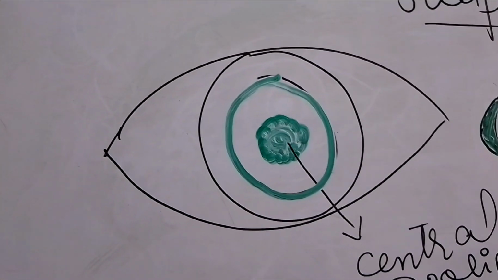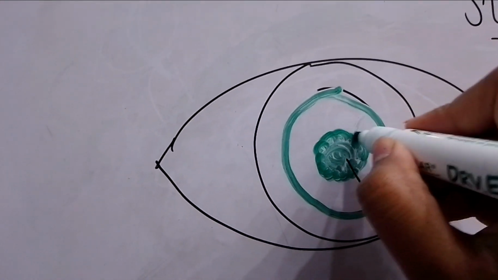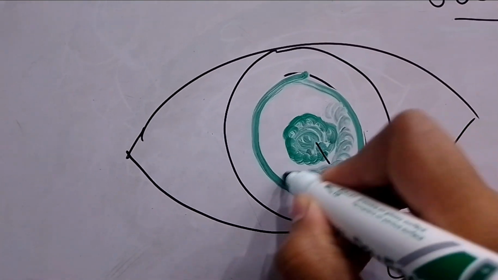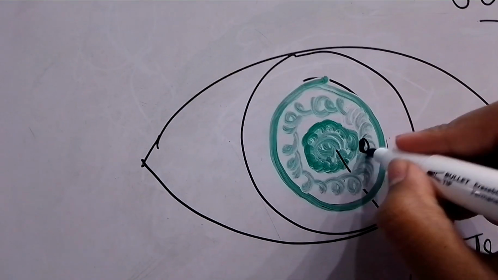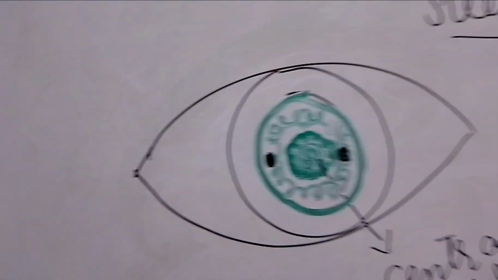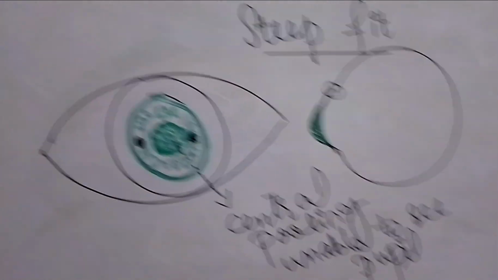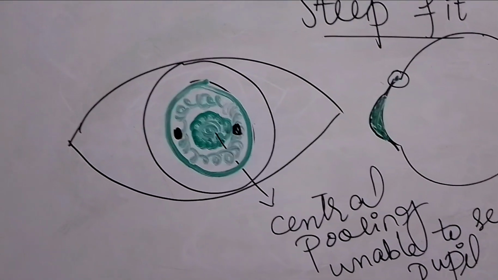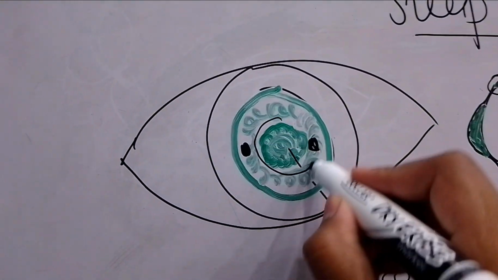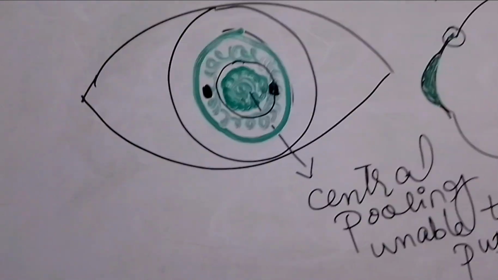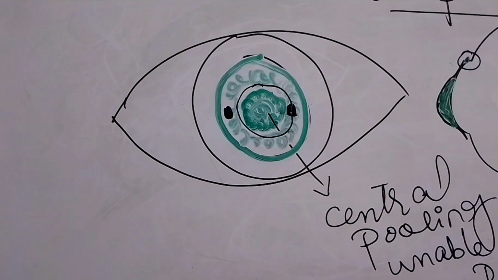So there will be central and peripheral pooling, and less pooling in the mid periphery with the mid peripheral touch. Okay, so this is how the fluorescein pattern in the steep fit would look. The only way you will understand it is this central or apical pooling, which will not be consistent and will be more vibrant compared to the rest of the contact lens, right?